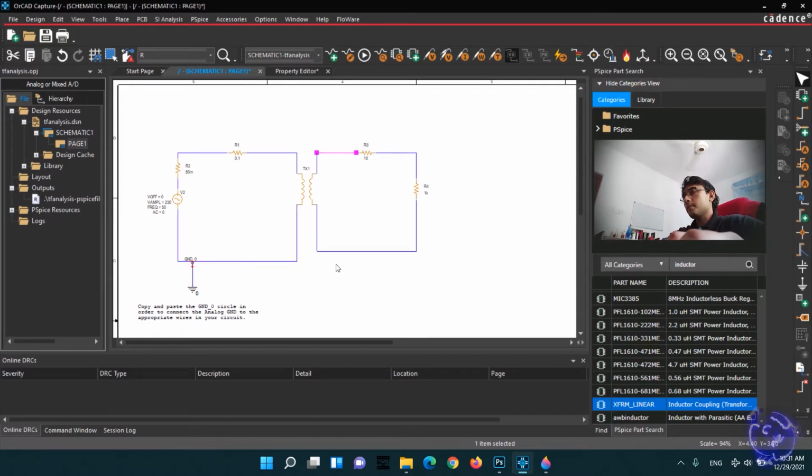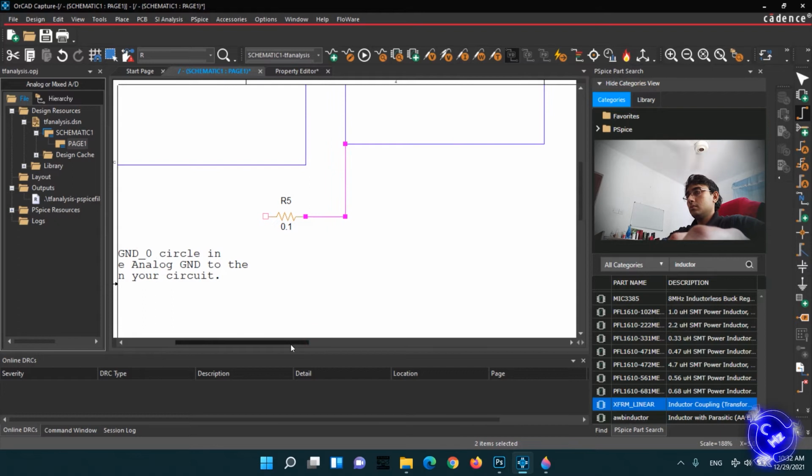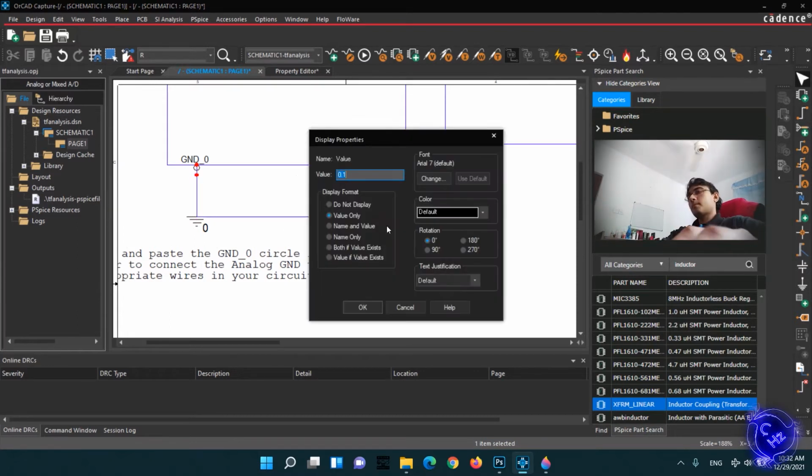For that I would like to introduce some big resistance in between our ground and the secondary side wire, otherwise the simulation will give you some errors. So this resistance, I set it as 1 giga ohms.